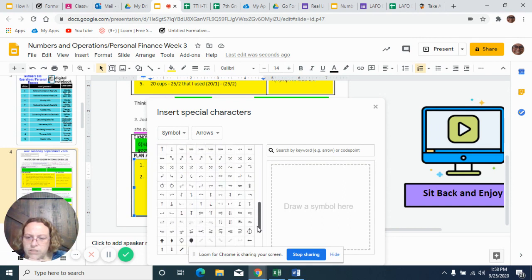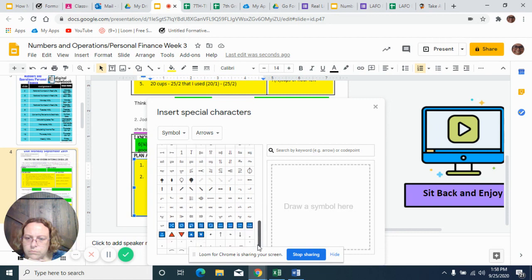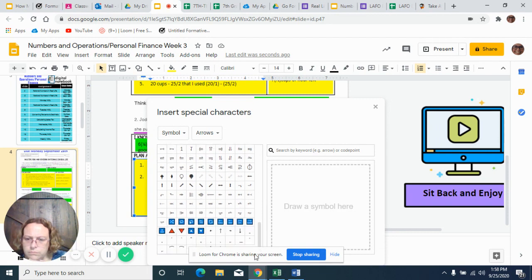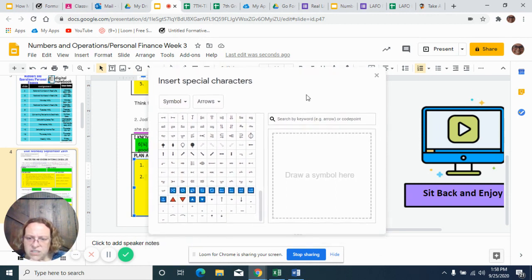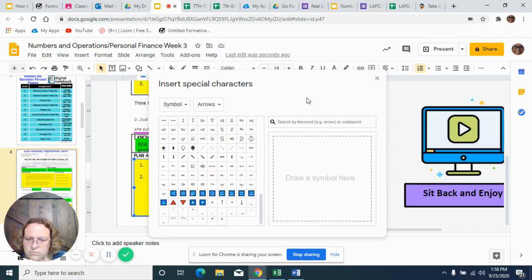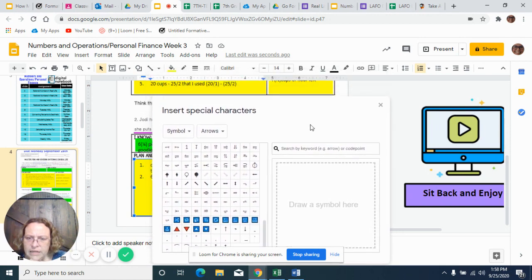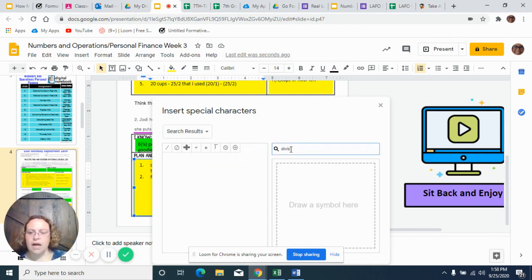Is it against the rules to have a division sign? Why can we not just have a division sign? Ah, looky, looky! I got a division sign.